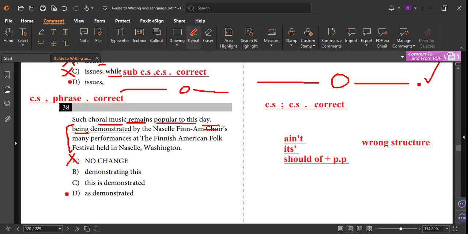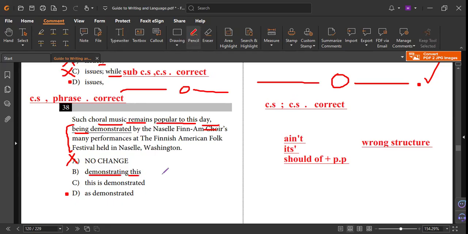Try. I don't know. He said here "demonstrating this." Demonstrating here is a present participle phrase. So it's correct, but we have a problem with this pronoun. This, what does this refer to? You said "demonstrating this," and what is this exactly? Imagine. So we have an ambiguous, unclear pronoun.